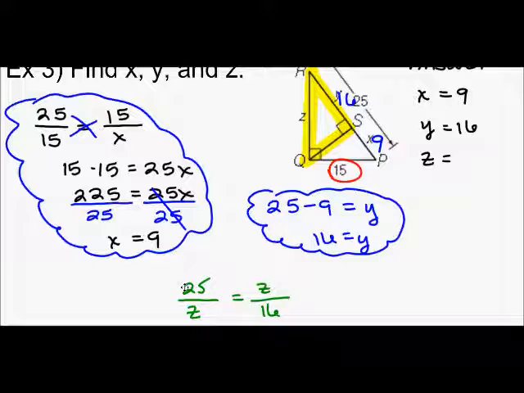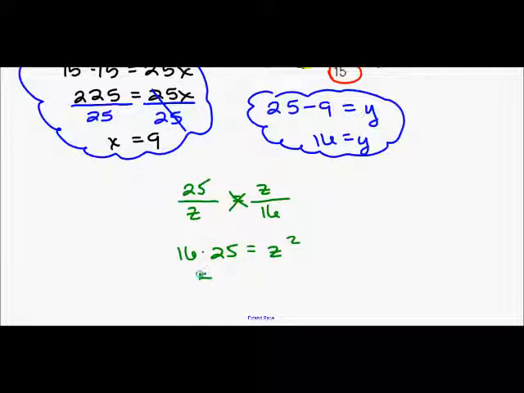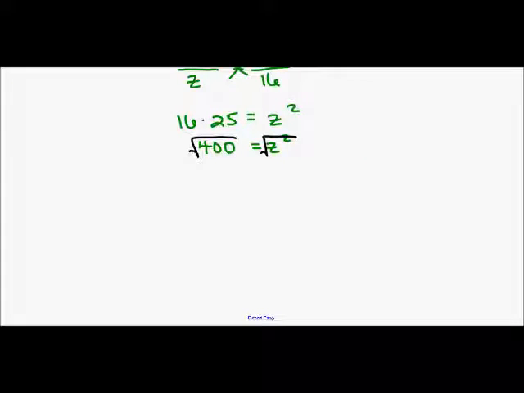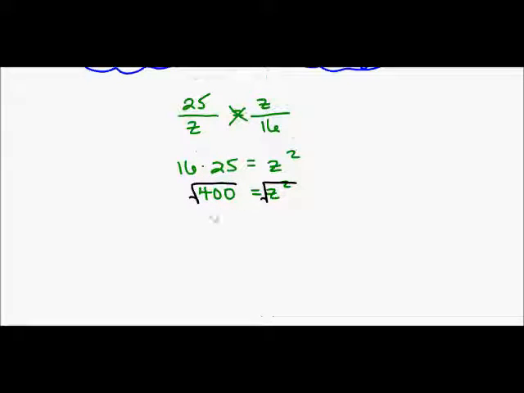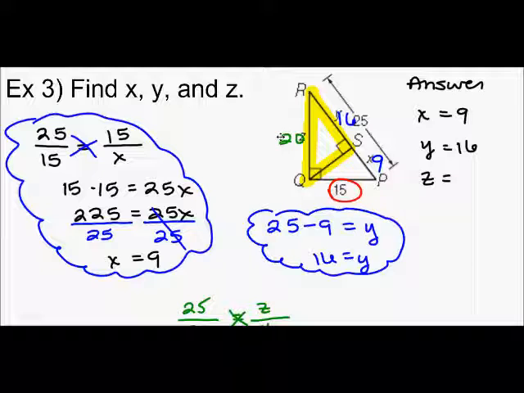On the big triangle, the hypotenuse is 25. So this is my proportion. I need to cross multiply to solve this. So I get 16 times 25 is z squared. 16 times 25 is 400. So when I square root both sides, keeping in mind that this is going to be a positive number because it is a distance, it is a length, I get z is 20. Okay, so that's here, and I've solved the problem.